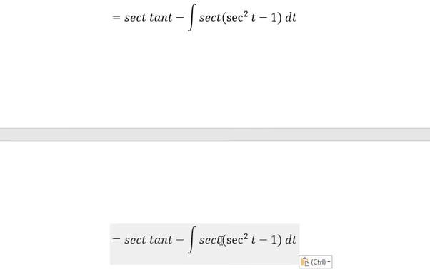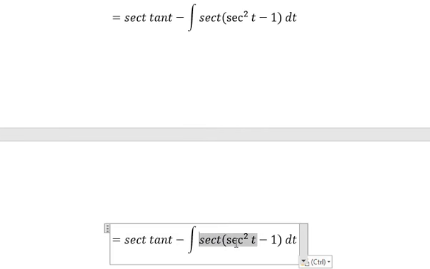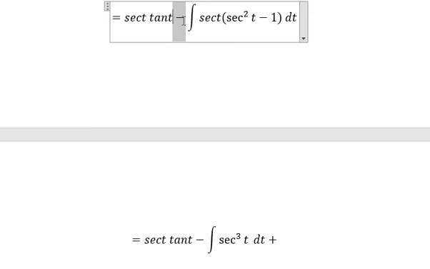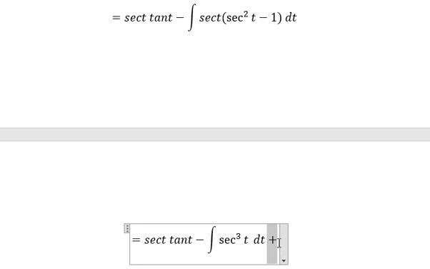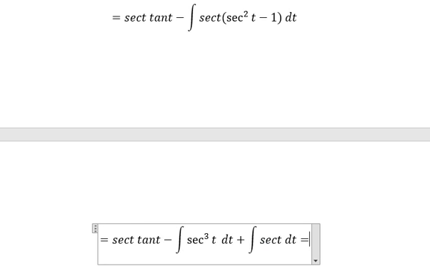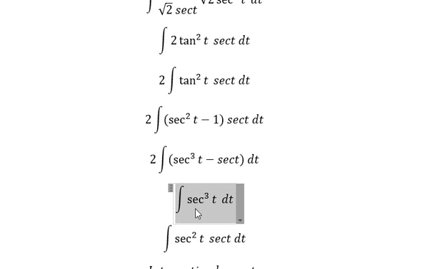So we have secant t multiplied by secant squared t minus 1. So we have the integration of secant cubed t plus, the reason because we have negative with negative, that's why you have positive in here, the integration of secant t dt, and we know that everything in here equals to this integration.